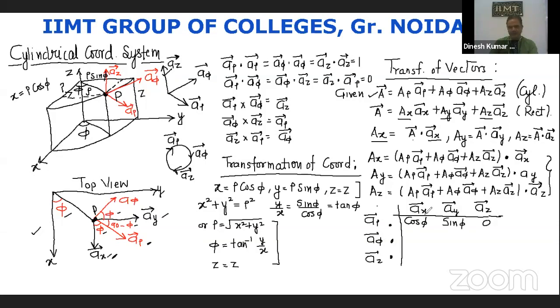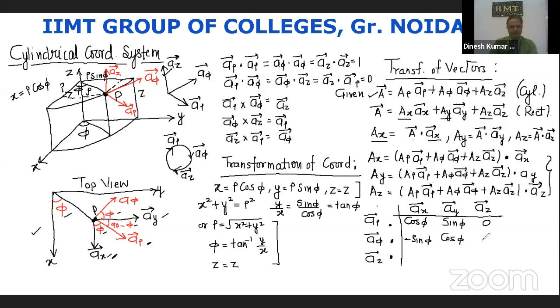Next is a phi and ax. This is a phi and this is ax. So the angle between a phi and ax, if you look closely, is 90 plus phi. So cos of 90 plus phi is minus sin phi. Next is a phi and ay. A phi is this, ay is this. The angle between them is phi, so it is cos phi. Next is a phi and az.